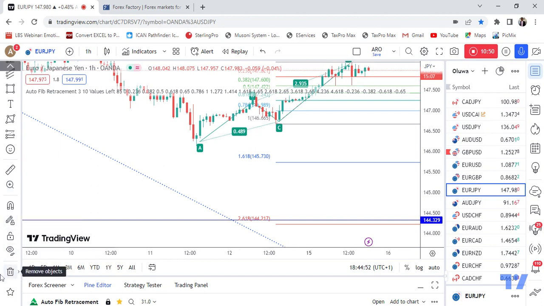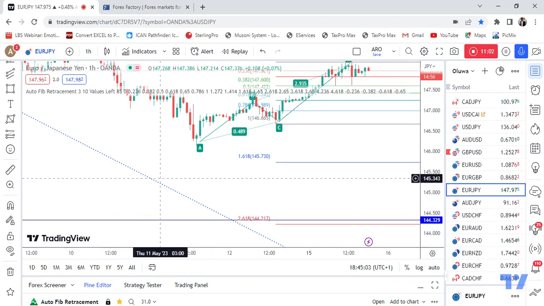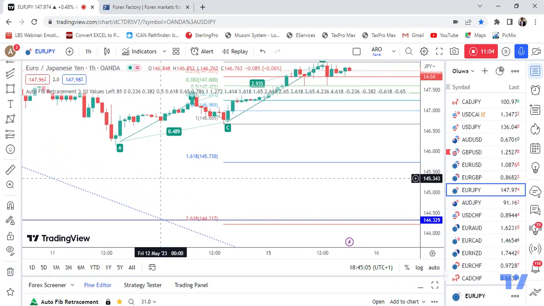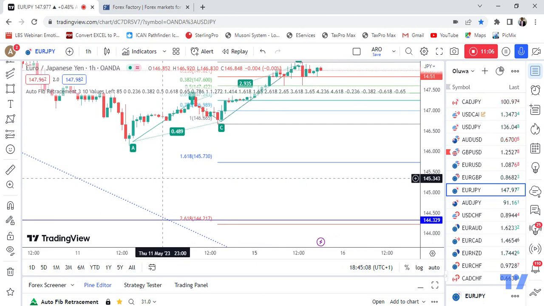If I want to delete any of those things, I just click here, highlight the drawings, then click delete object. So it should be removed from my chart.